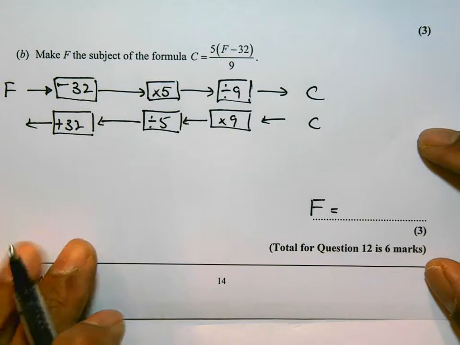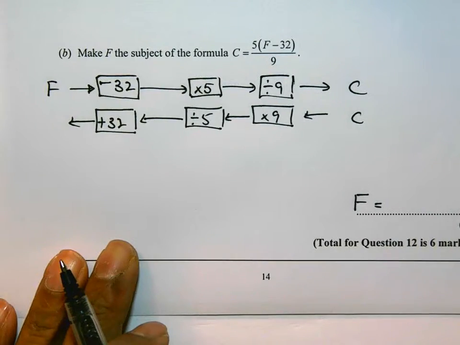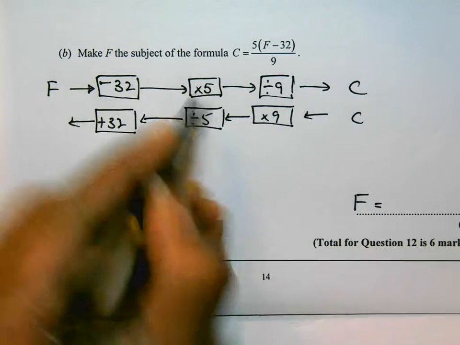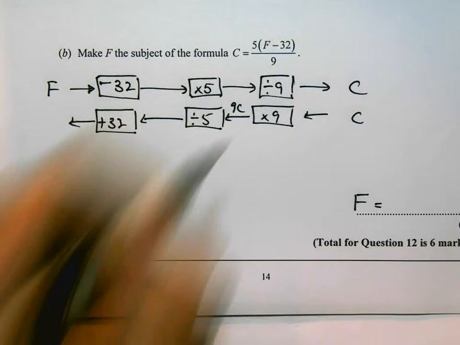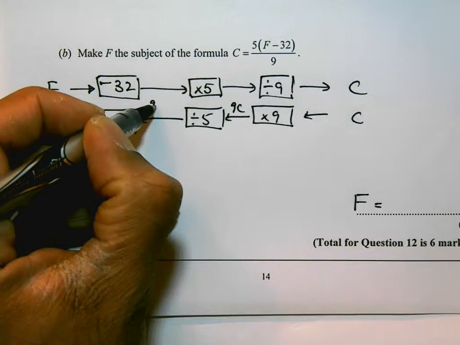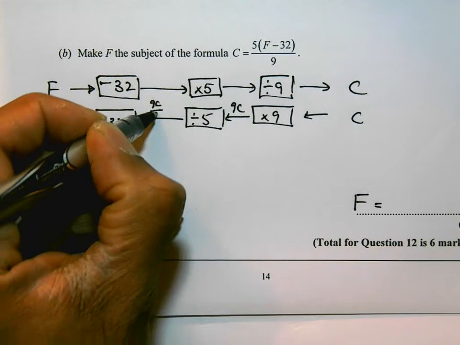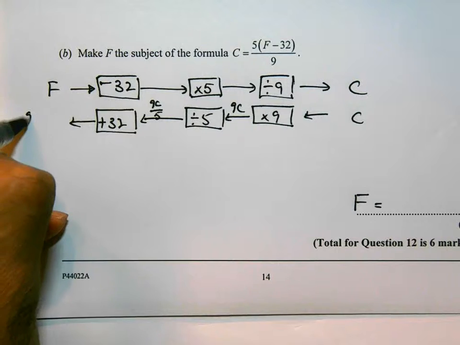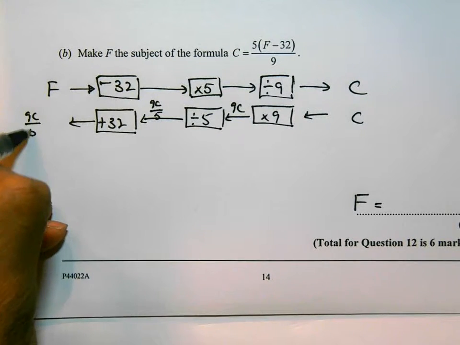And I arrive at my answer by looking at this. C times 9 is 9C. If I divide by 5, that's going to look like 9C over 5. And then add 32, 9C divided by 5, add 32.